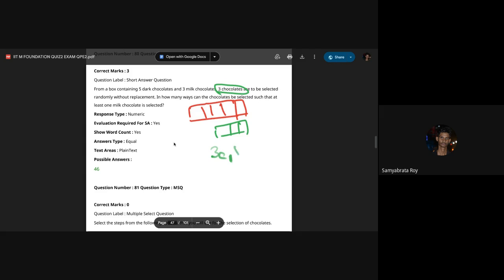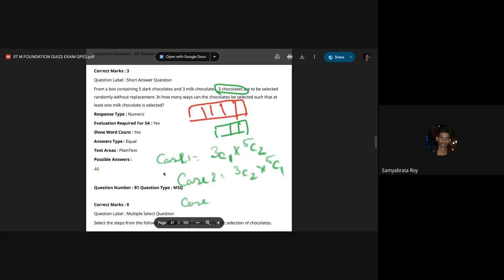And from the 5 dark chocolates I am choosing 2. This could be a scenario, case 1. Case 2: from 3 milk I'm choosing 2, and from 5 dark I'm choosing 1.